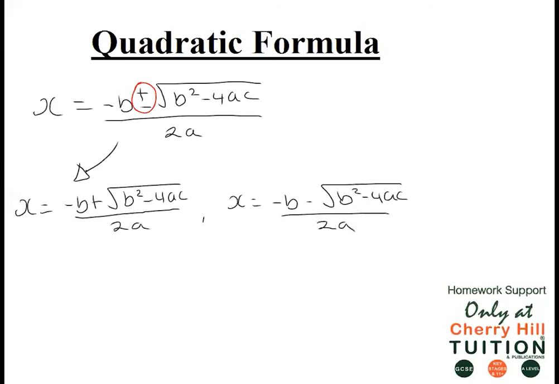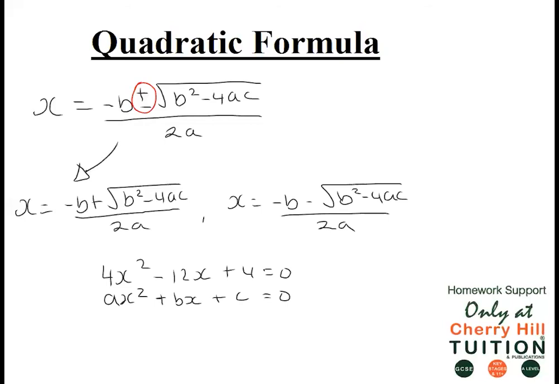Okay, now when it comes to working out the values of a, b, and c, let's say we have this quadratic equation. We use ax squared plus bx plus c is equal to 0. Now using this, we can establish our values for a, b, and c.